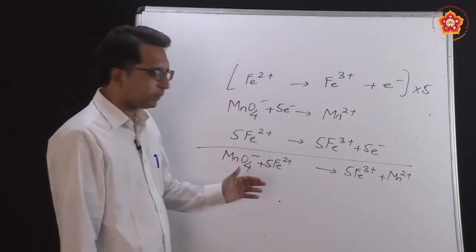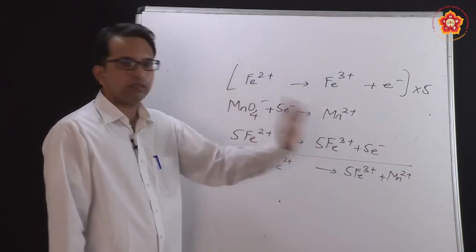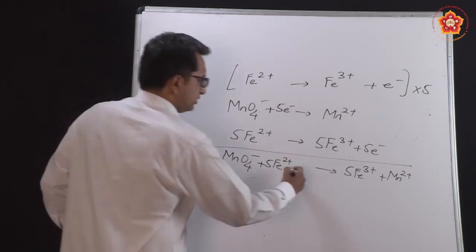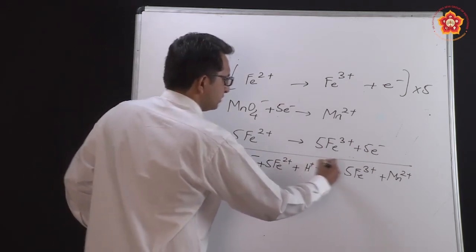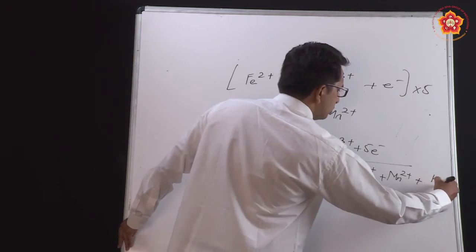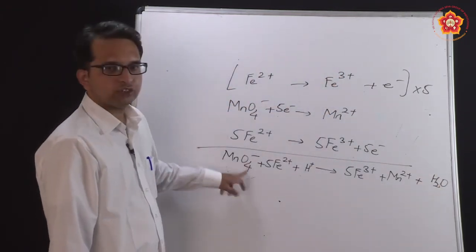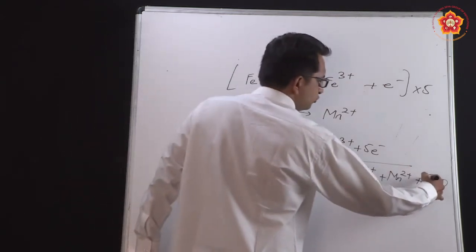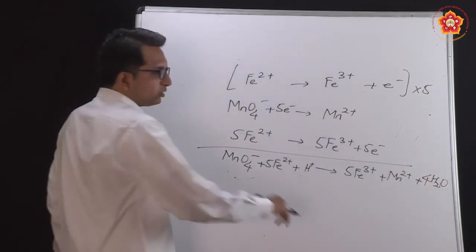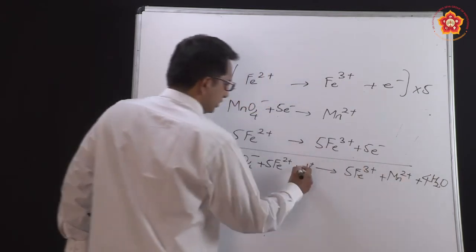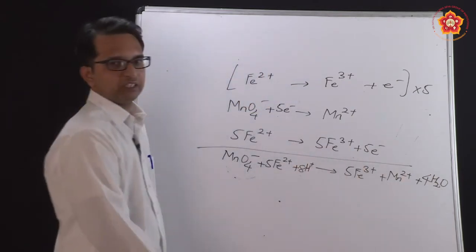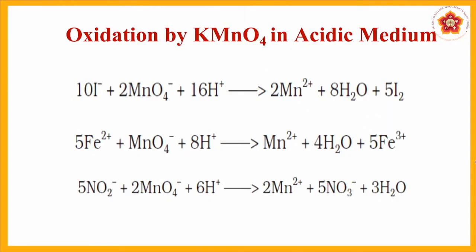Because it is an acid medium, we are going to use H plus and H2O on either side. So, this side I will be using H plus, this side I will be using H2O. The question is, how many H plus, how many H2O? There are in total 4 oxygens available here. So, I will use 4 H2O. Because of this, this has become 8 hydrogen now, therefore, I will use 8 H plus.